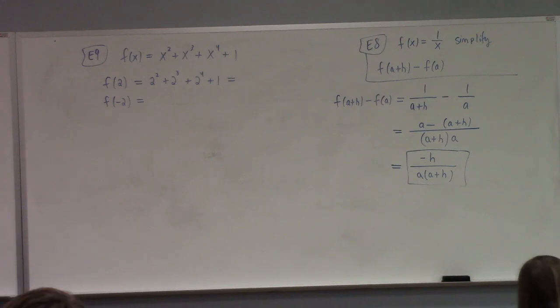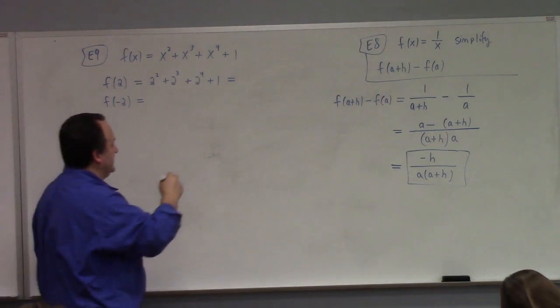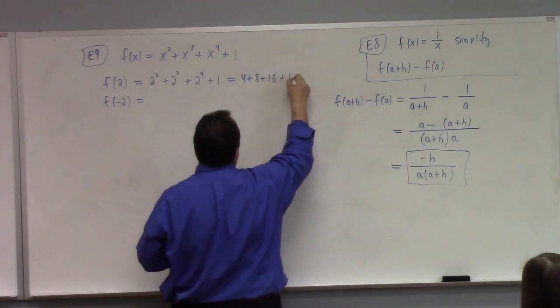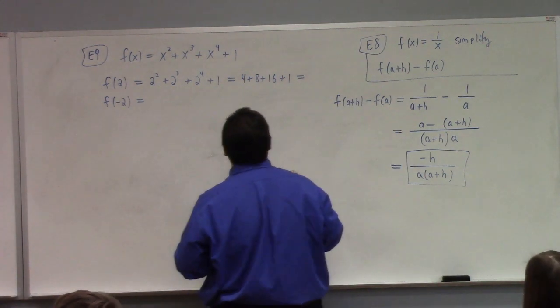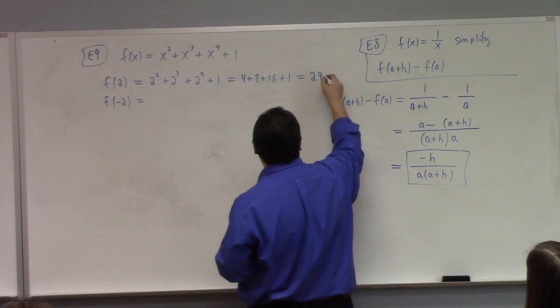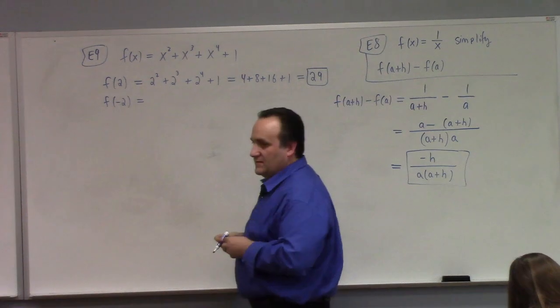That's 4 plus 8 plus 16 plus 1. I'm really bad at addition. You're bad at addition. 29, yeah. So 29 has come back to us again.